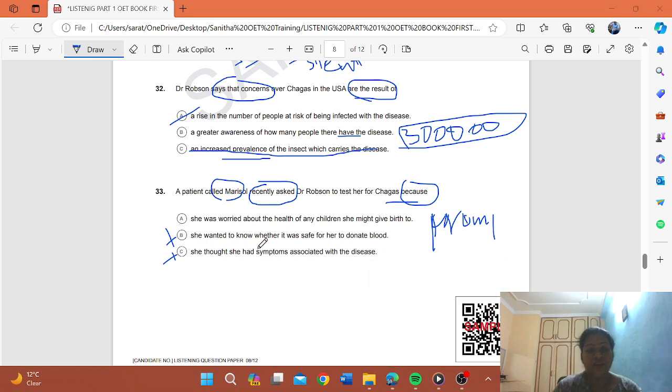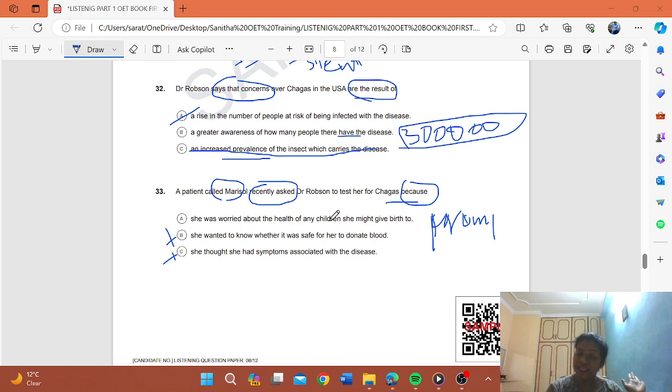Okay. The question is: a patient called Marisol recently asked Dr. Robson to test her for Chagas. Recently asked, what is that? That is the question. Okay, in option B, she wanted to know whether it was safe for her to donate blood.